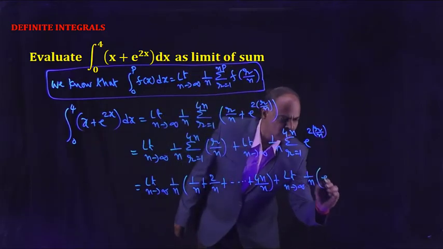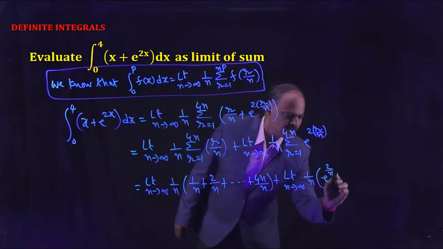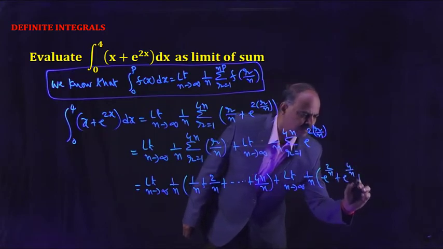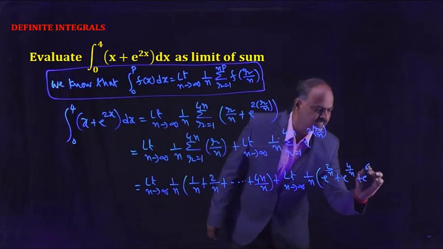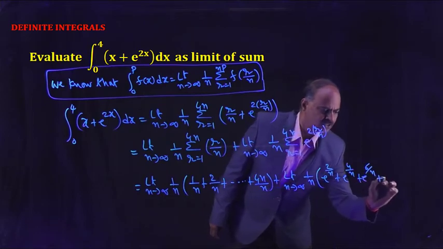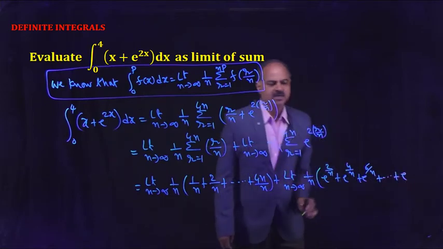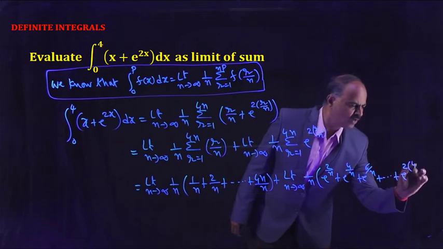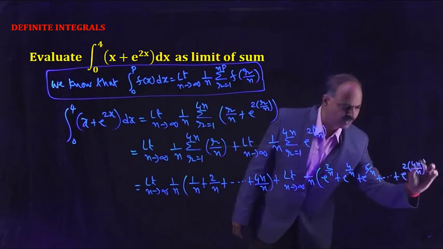That is e^(2/n) + e^(4/n) + e^(6/n) and so on, plus e^(2·4n/n).